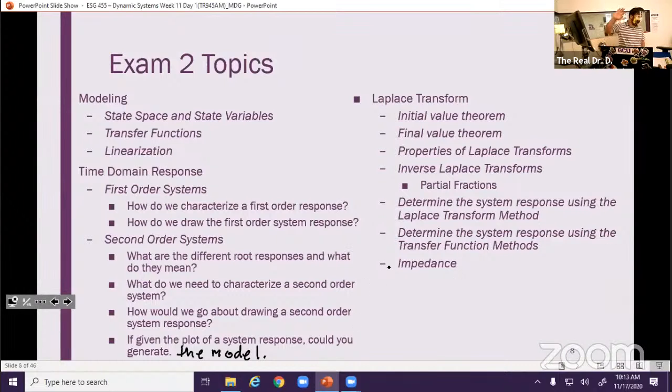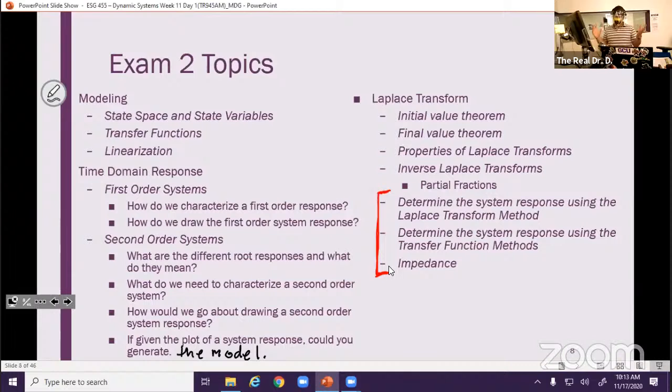So we're going to cover a couple of these things today, right? So let's just refresh a little bit with these last 3 here, because we did go over these a little bit, and we went over 2 of them last class, but we'll go over what these mean, right? So when you're asked to determine the system response using the Laplace transform method, this means you need to take into account the initial conditions, right?